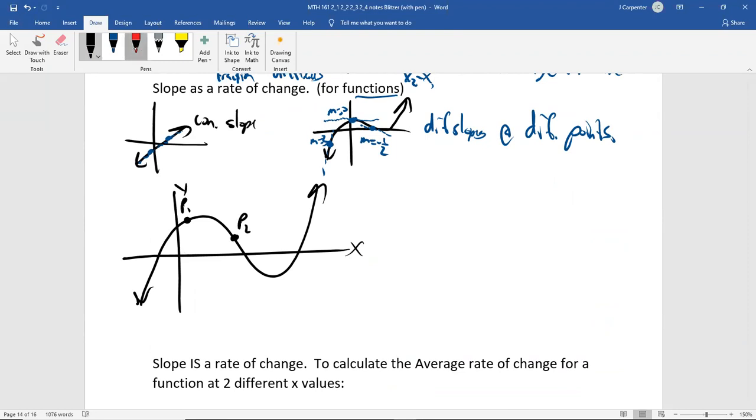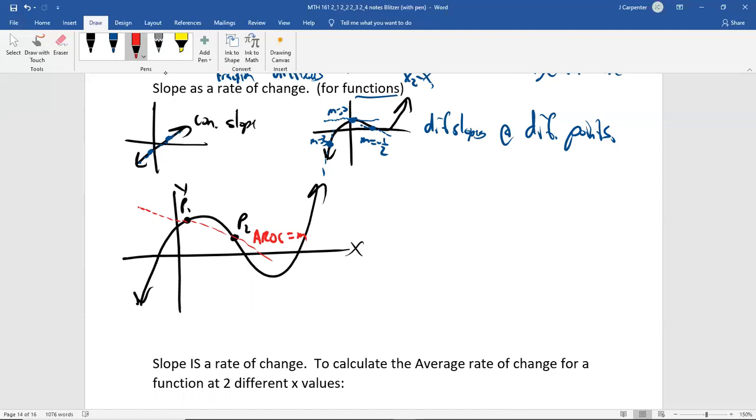We're going to be doing what we call a secant line, where we connect those 2 points, and then finding the slope of that. We will find the average rate of change equals the slope. So the average change between these 2 points would be the slope of that secant line. The average rate of change, AROC, is the slope of that secant line.